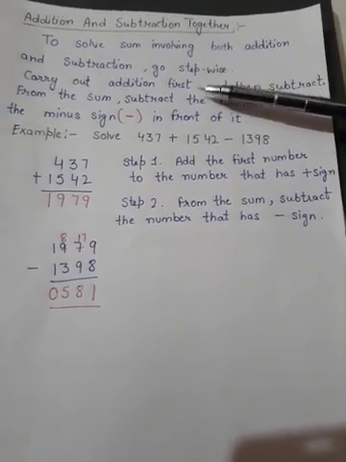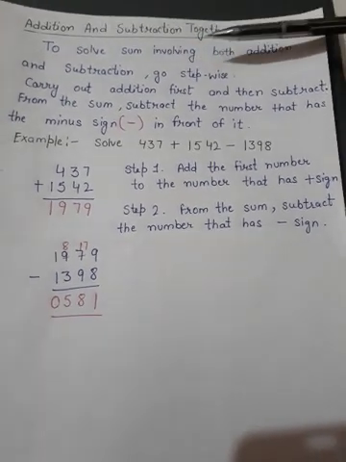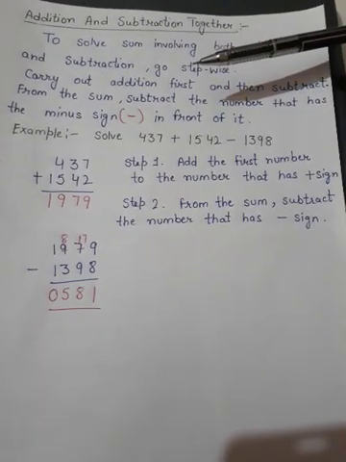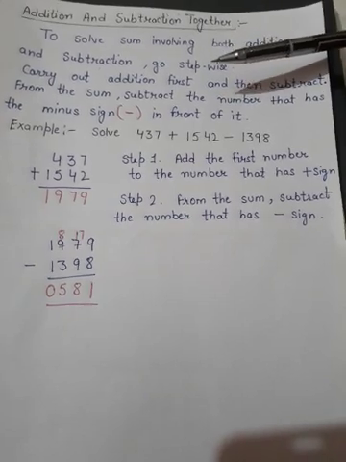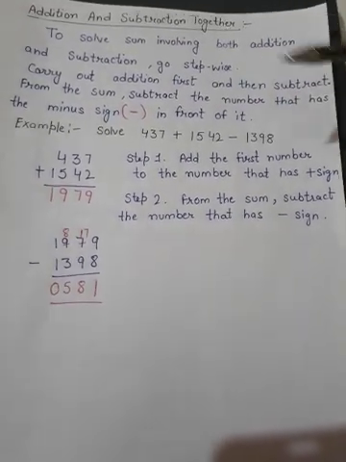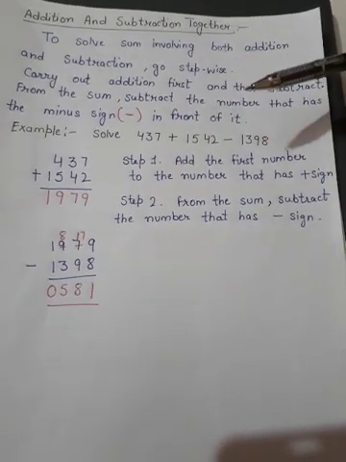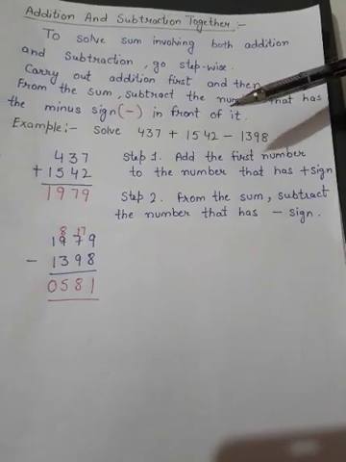So what we have to do in this, look here, to solve a sum involving both addition and subtraction, we will go stepwise, right? Firstly, carry out the addition first and then subtract from the sum the number that has the minus sign in front of it.